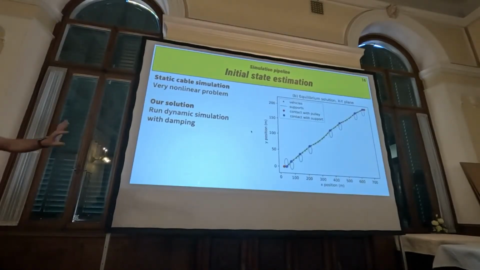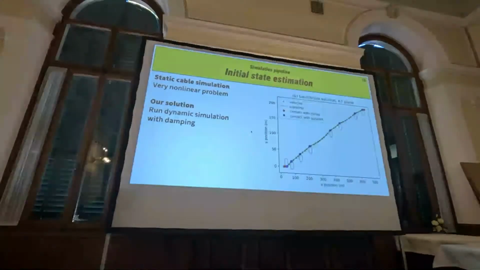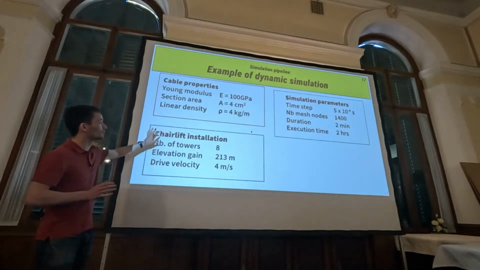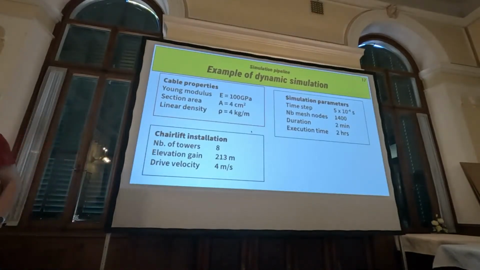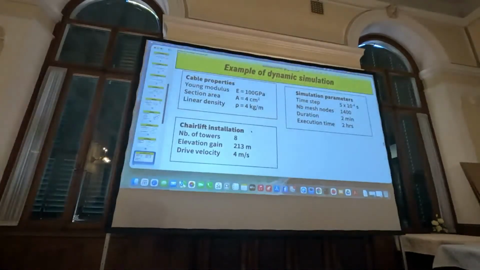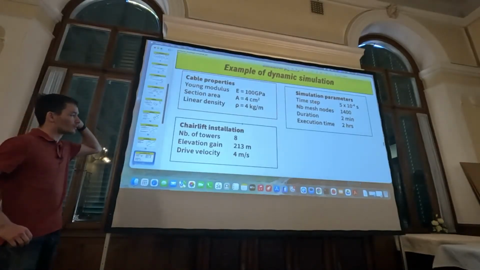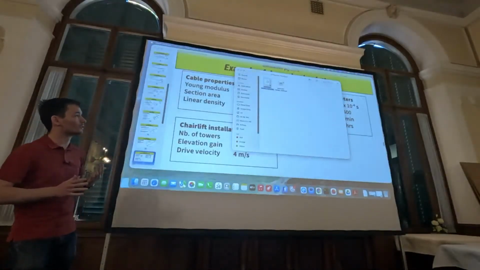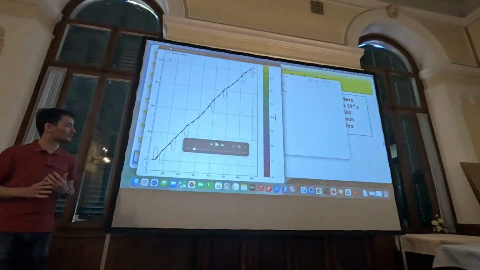And once we have this, we can put the driving sheave in motion. And so I will show you a small video of an example we have. This is on an installation that used to exist, but it has been dismantled now.